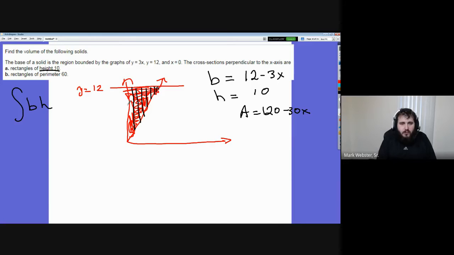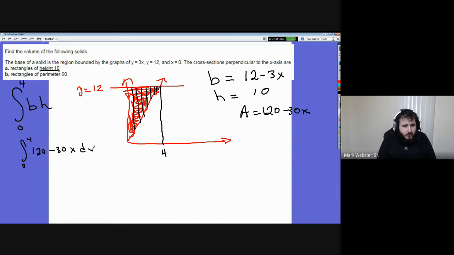And we're going from 0. Well, y is 12. So if y is 12, what does x have to be right here? 12 is 3 times what? 4. So we're going from 0 to 4 of this.